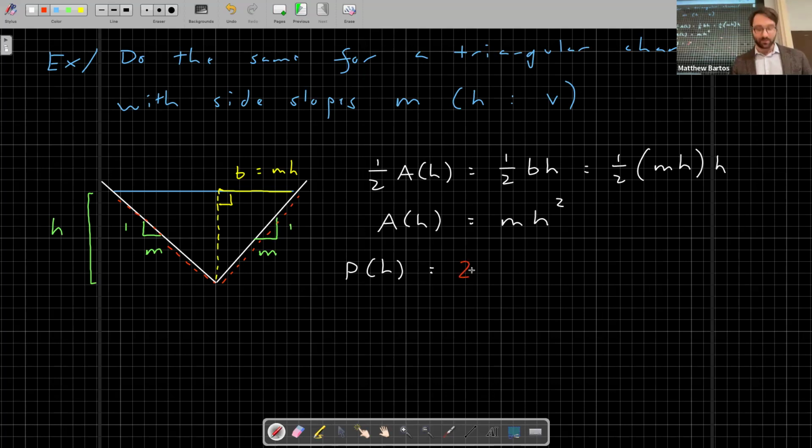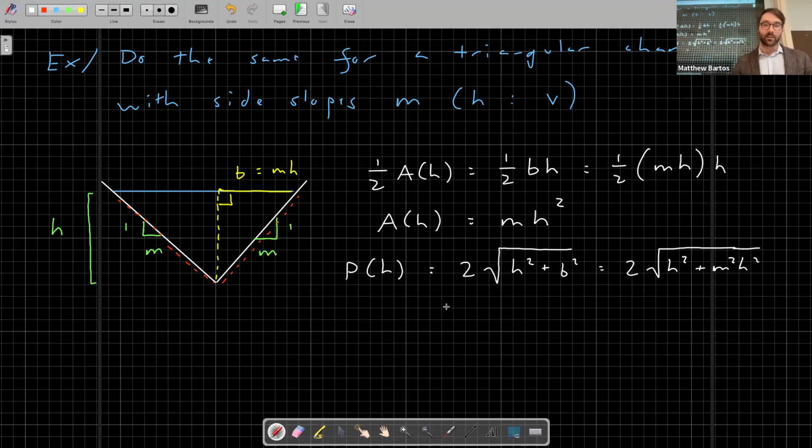So the wetted perimeter is going to be equal to 2, because we have two hypotenuses, times the square root of h squared plus b squared. Remember that b is equal to m as in mountain times h. So we're going to end up with 2 times the square root of h squared plus m squared h squared. Note that we can factor out that h squared.